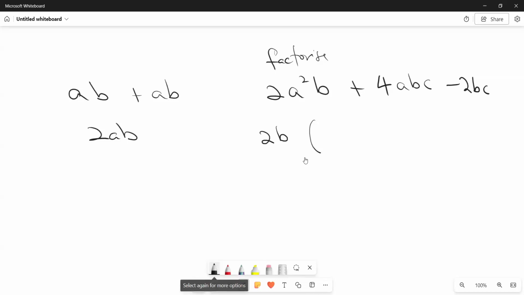So 2A squared B divided by 2B will give us A squared, right? 4ABC divided by 2B will give us 2AC, right? Minus 2BC divided by 2B will give us C. And we close our bracket, and that's it.